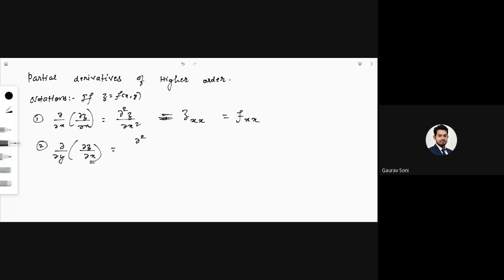So it can also be written as ∂²z/∂y∂x, which is written as z_yx or f_yx.